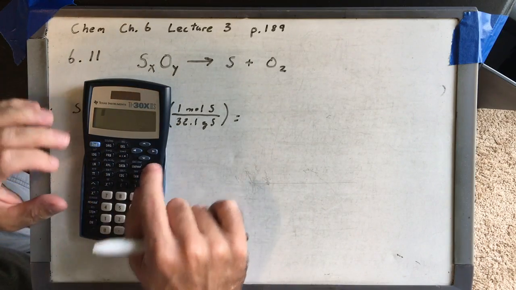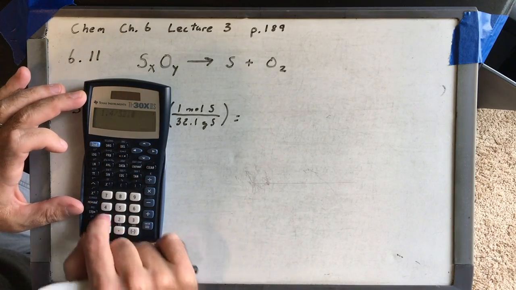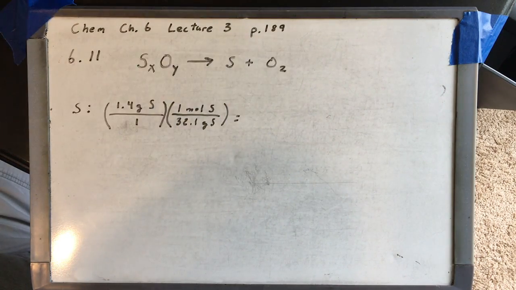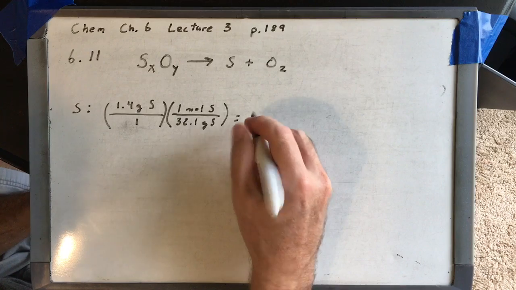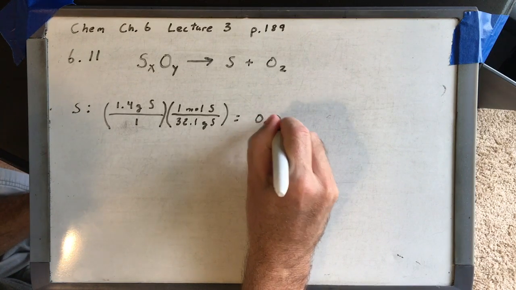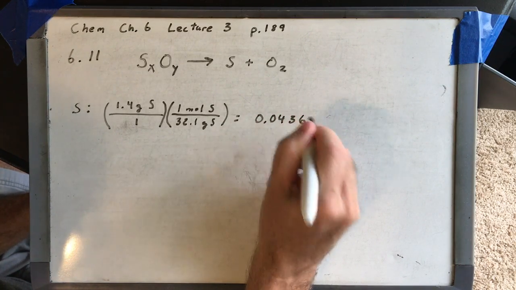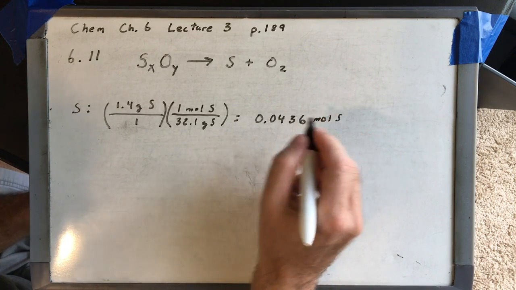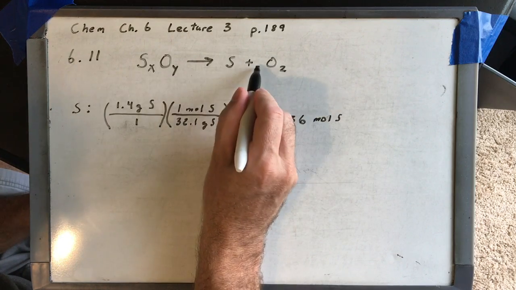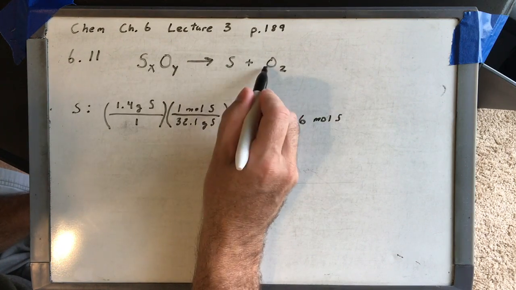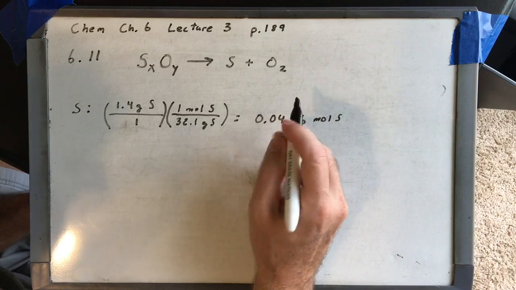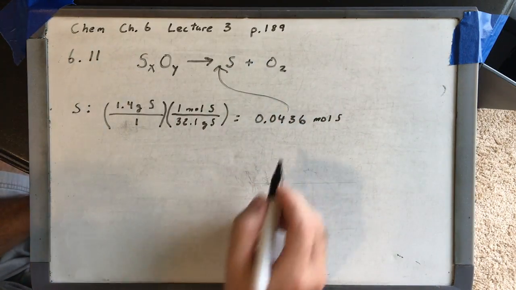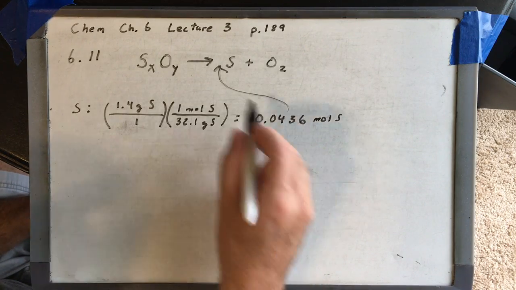Okay, so 1.4 divided by 32.1 is 0.0436. Let's take it out a few decimal places. That's moles. And these coefficients correspond to moles. We learned that with stoichiometry, right? So we're going to rewrite that equation in a minute and put 0.0436 in there.